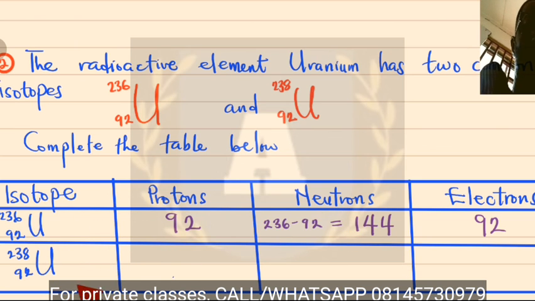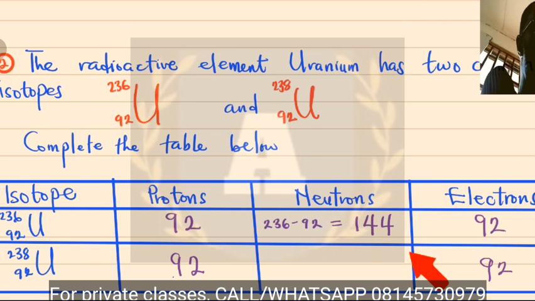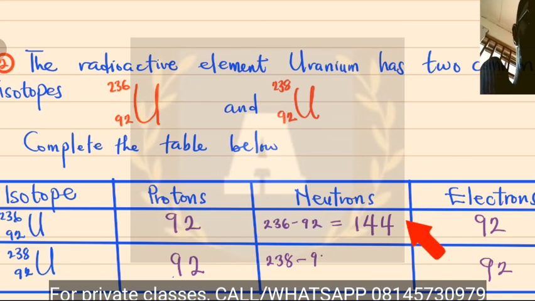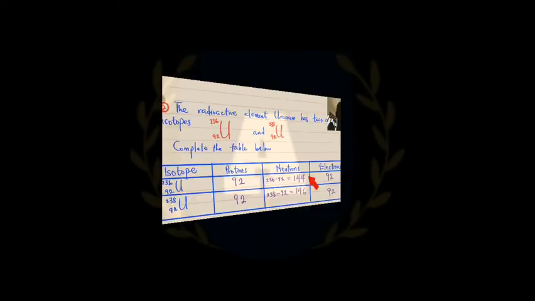Now for the second one, it has the same proton number and the same electron number, which is also 92, and the neutron number is the mass number minus the proton number. That is 238 minus 92, which is 146. Okay, so the table has been completed, and that is the concept that has to do with mass number and atomic number.